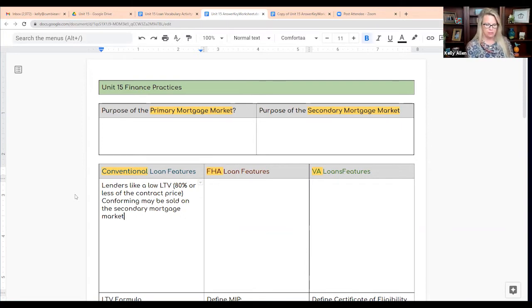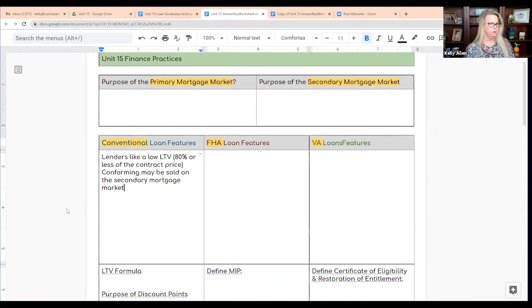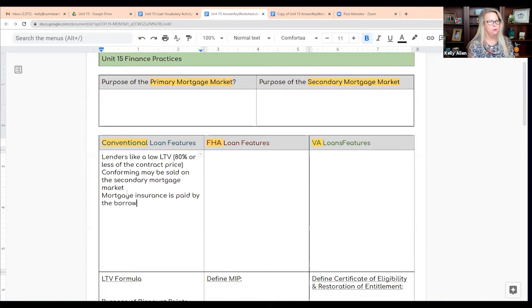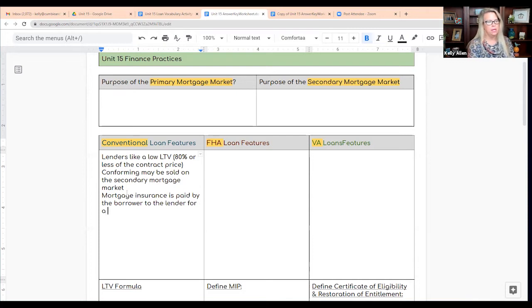All right, let's talk about mortgage insurance. Mortgage insurance is paid by the borrower to the lender for a high LTV.